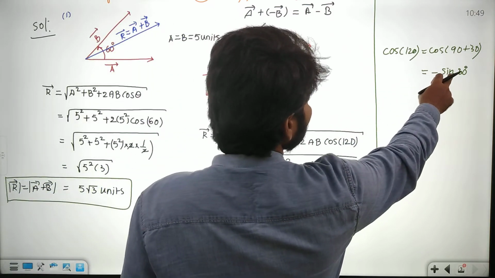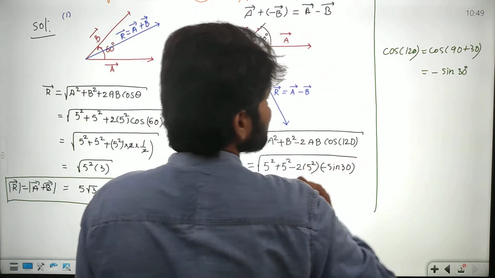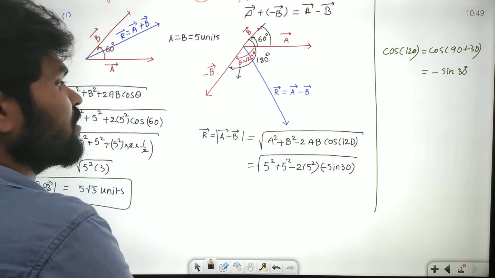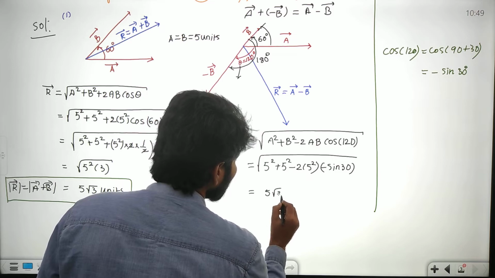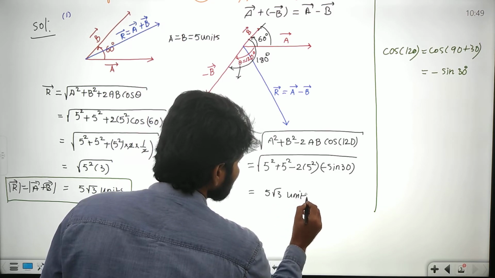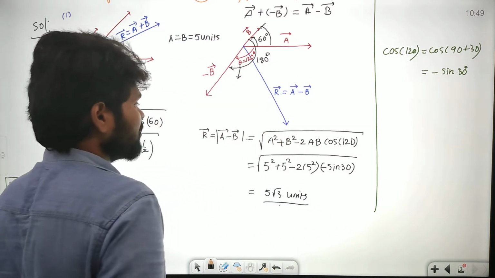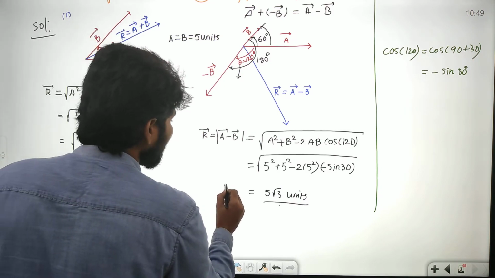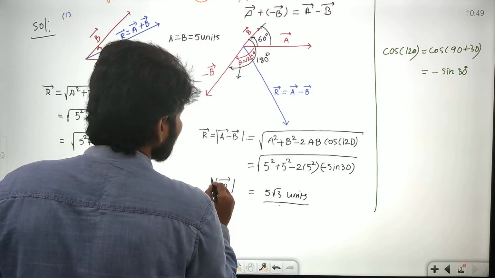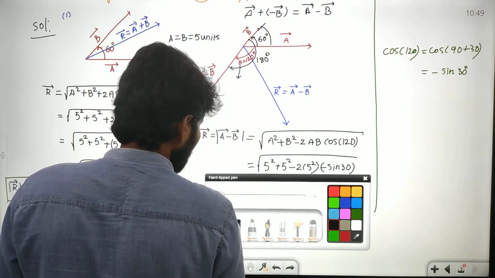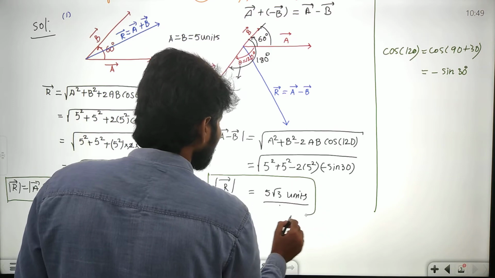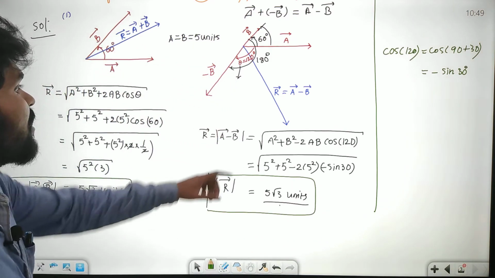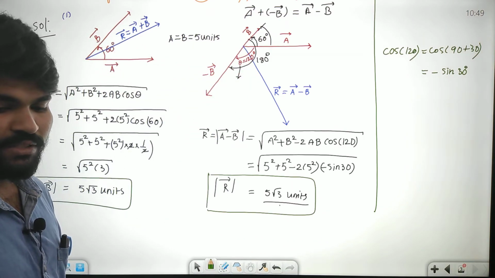Cos will turn to sine, right? 90, it will convert it to sine. Yes, this is the same. This is going to be also 5 root 3 units. Okay. So this is the resultant, the difference of the two vectors, right?